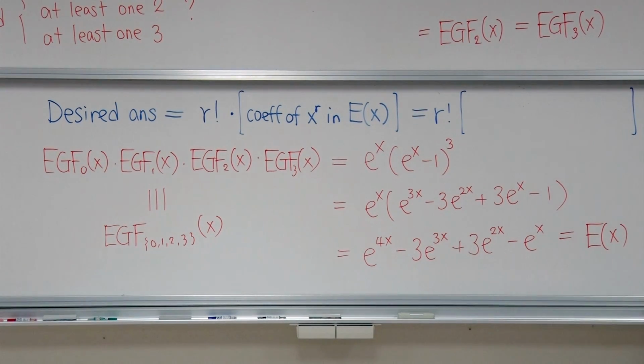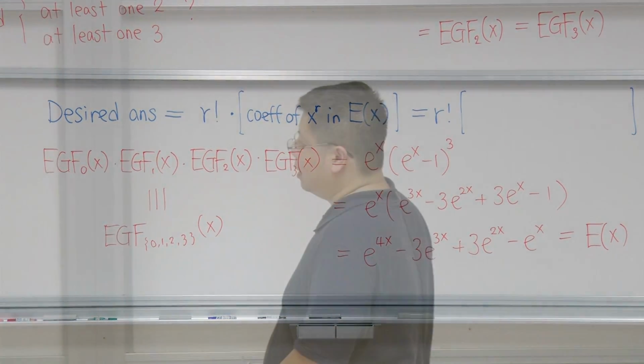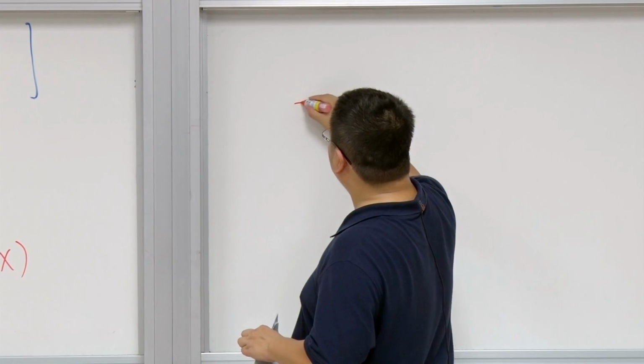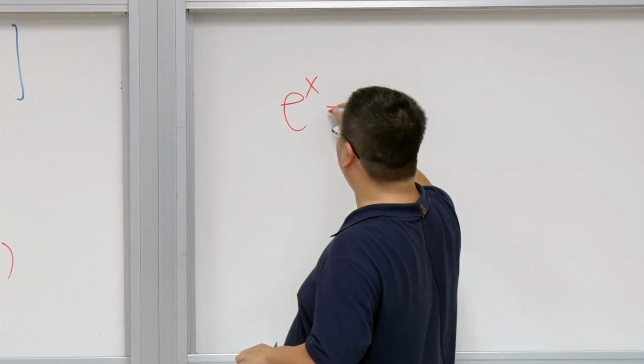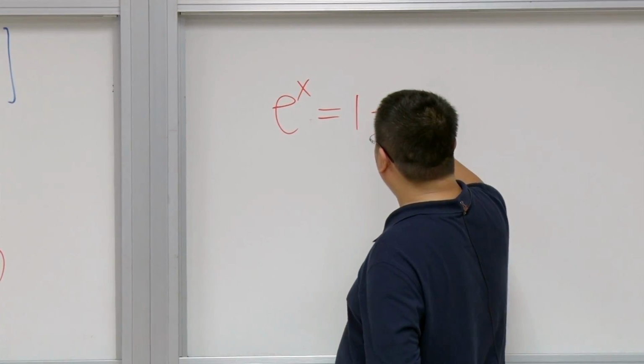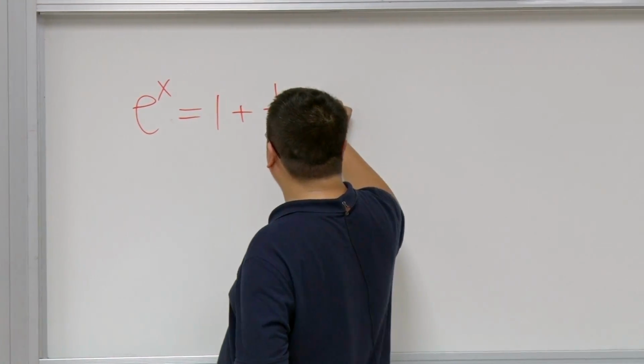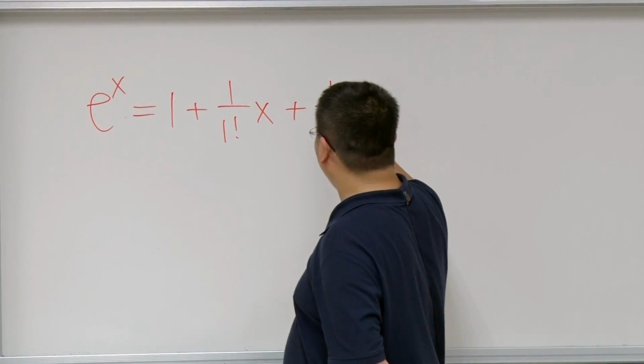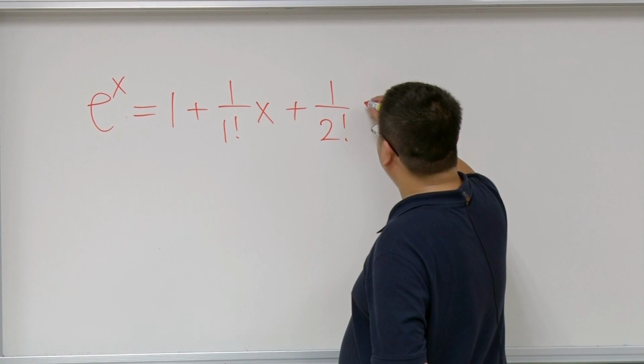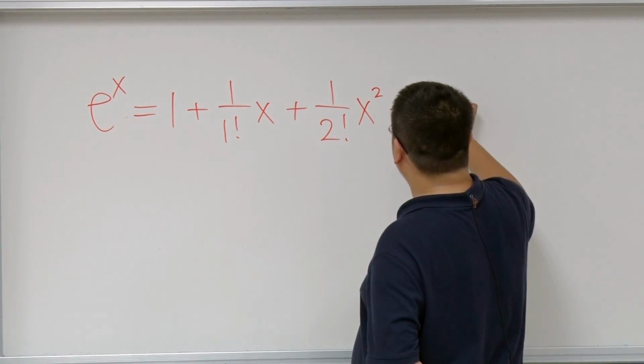So let's write down e to the power x again, and then we will see what e to the power 4x is. So e to the power x is equal to 1 plus 1 over 1 factorial x plus 1 over 2 factorial x squared plus dot dot dot.